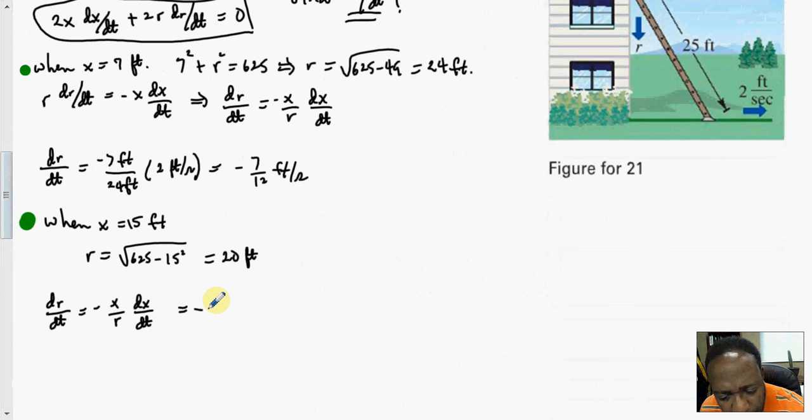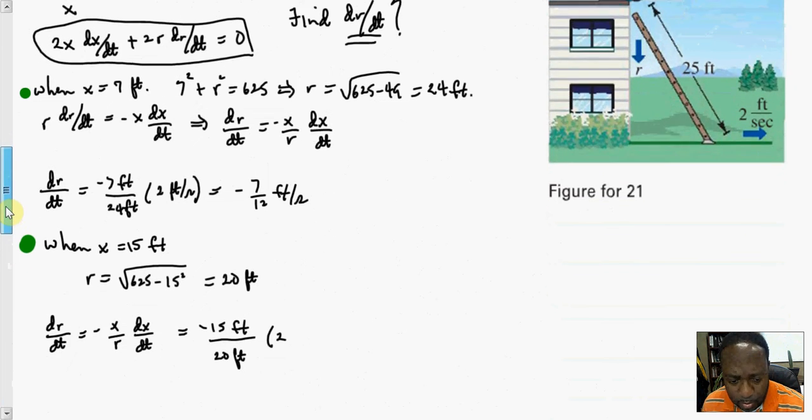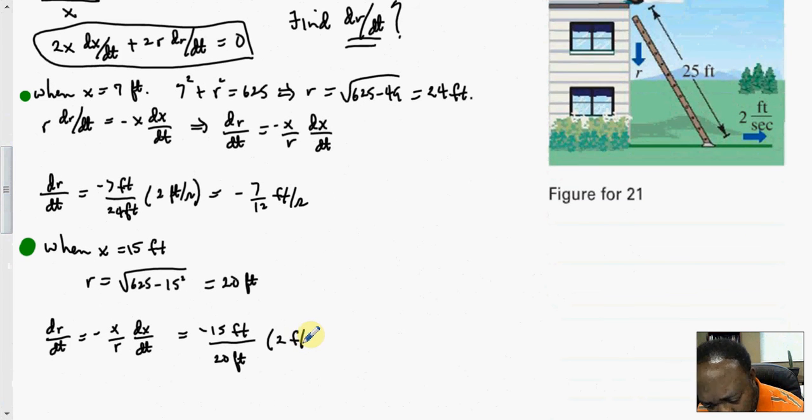So we get negative x, which is the 15 feet, divided by r, which is the 20 feet, times the 2 feet per second.